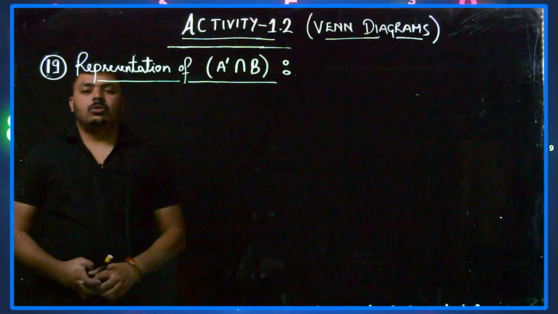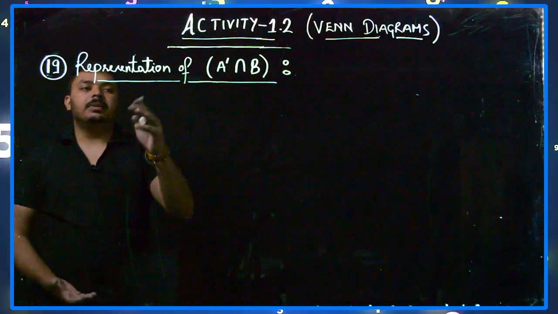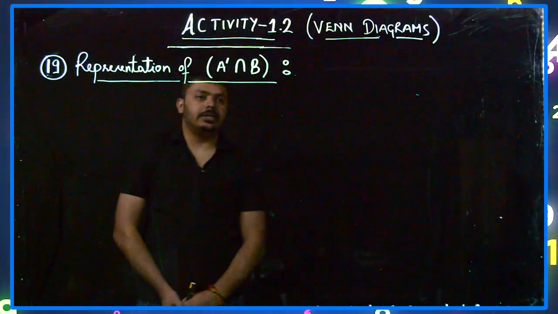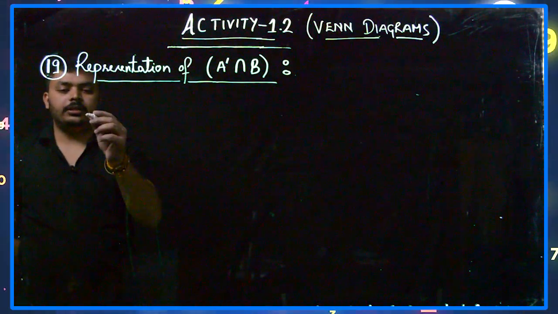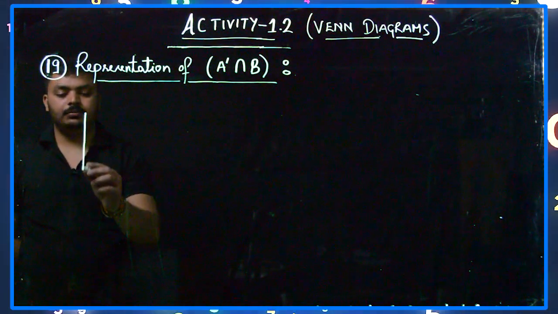So students, now in point 19, representation of A complement intersection B. So let's draw the Venn diagram.